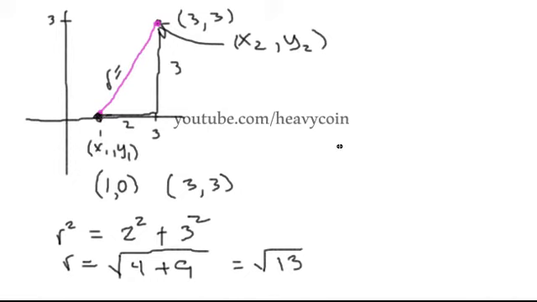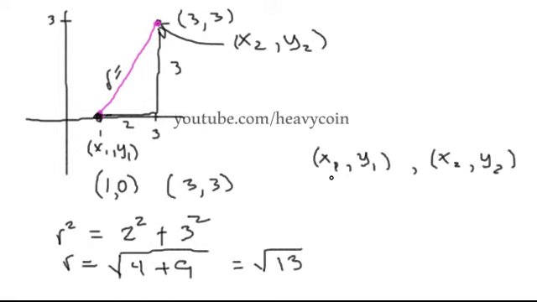So if I wanted to find this number right here, okay, let me just write out these 2 points again. This is x of 1, y of 1, and x of 2, y of 2. And I want to find this number right here, the difference between 3 and 1.